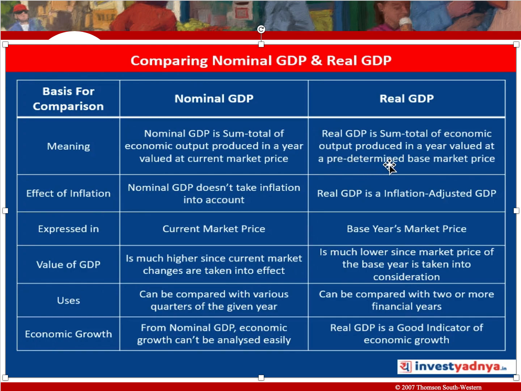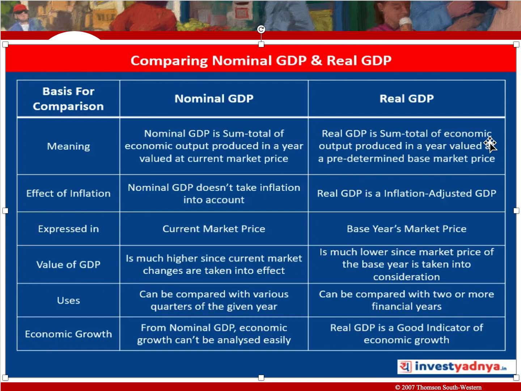So we want to compare the current year, let's say 2019 GDP, with a base year, let's say 2010. How different is the value of the GDP in 2019 as compared to the value related to 2010?